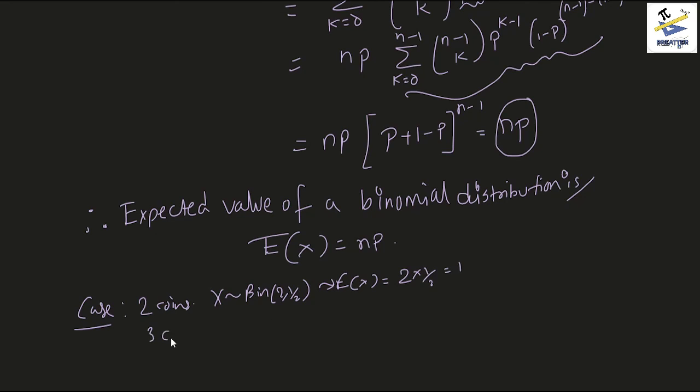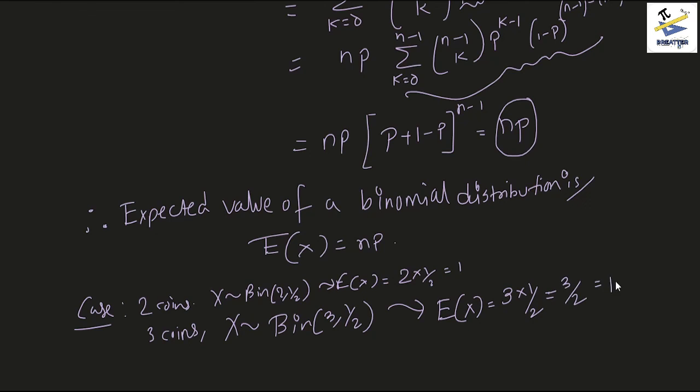Similarly, for 3 coins, you know that x follows binomial of 3 comma half, so expected value should be 3 into 1 by 2 or 3 by 2, which is 1.5, right? So that completes our lesson for the binomial distribution for this day.